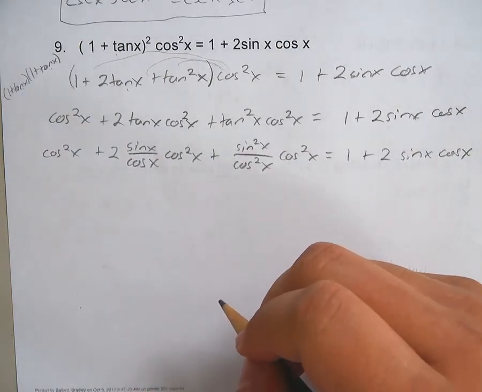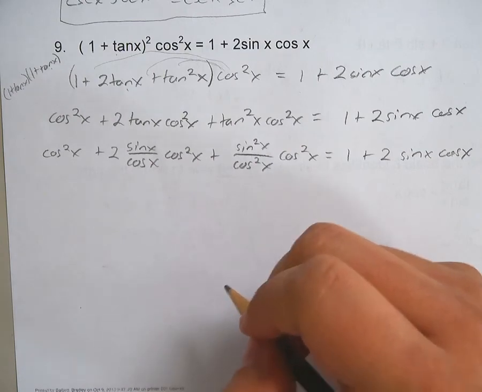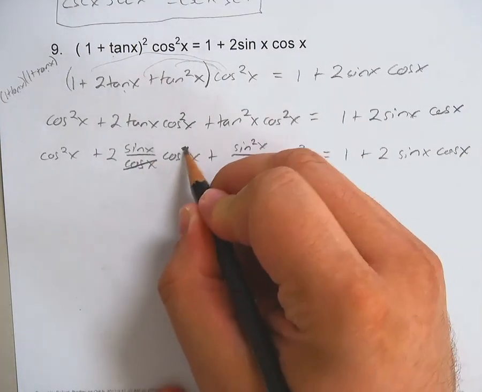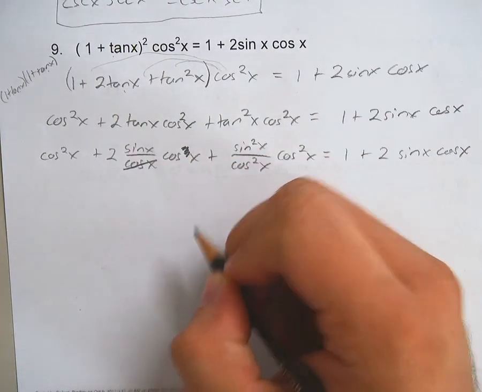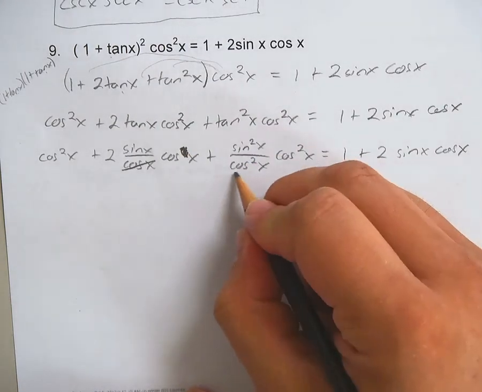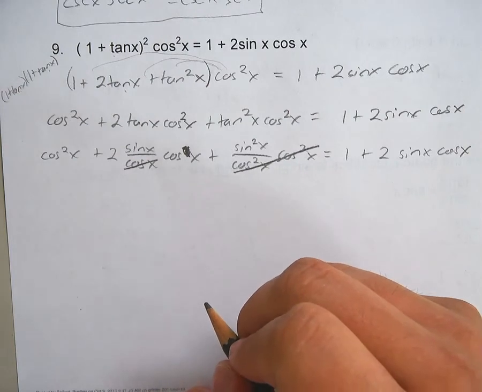Oh, we're going to simplify here. Yes, we are. Check this out. Cosine x and one of these cosine x's is gone. That's not a 3. That's a gone. Cosine squared x and cosine squared x, gone. Write down what you got left.